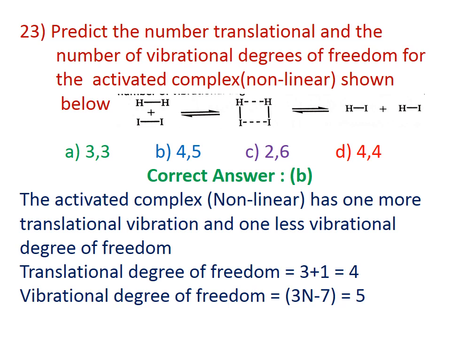Therefore, the translational degree of freedom is 3 plus 1. A normal molecule has 3 translational degrees of freedom. For the activated complex, one more is added, 3 plus 1, that will be equal to 4. The vibrational degree of freedom is one less. For a nonlinear molecule, 3n minus 6 minus 1, 3n minus 5. For this molecule it is 5. Therefore, the correct answer for this question is B.